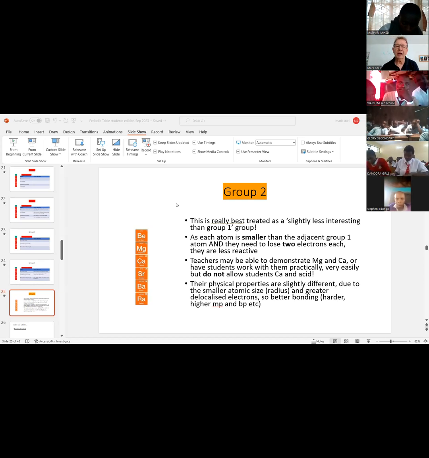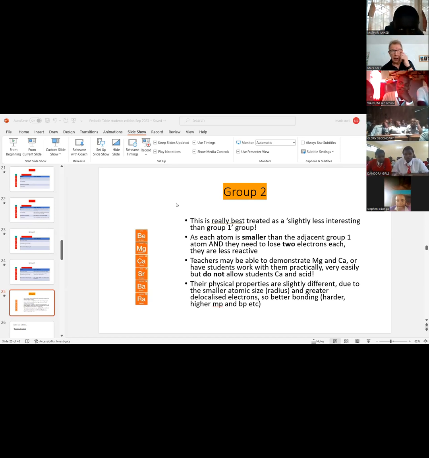The best way to think about group 2 is that they are slightly less reactive and slightly stronger than group 1. So for instance, if we look at sodium, sodium is too weak to do anything, but magnesium is used in making the wheels for racing cars.